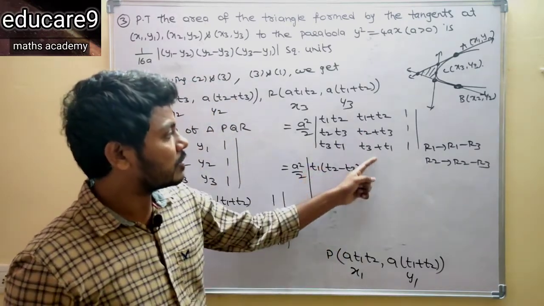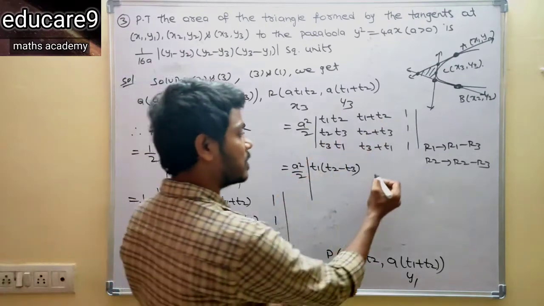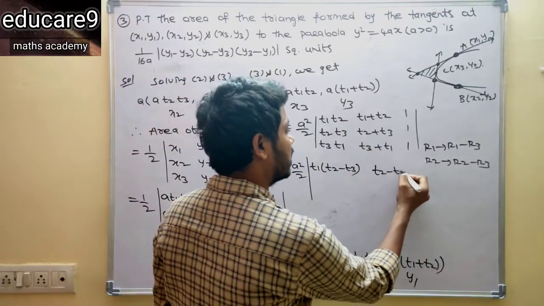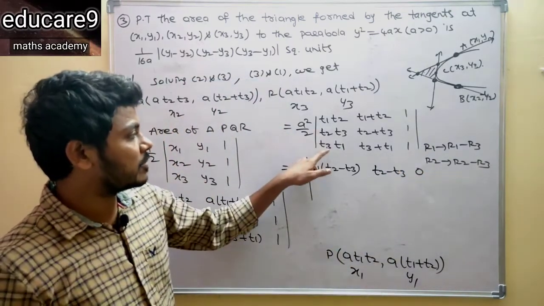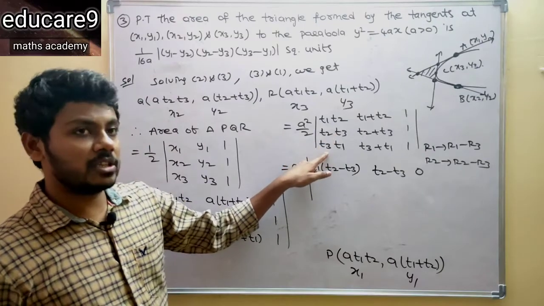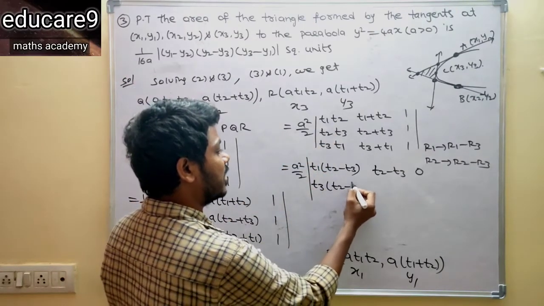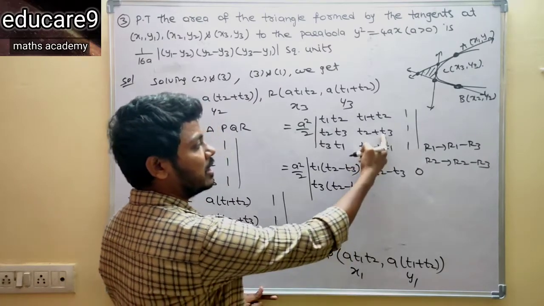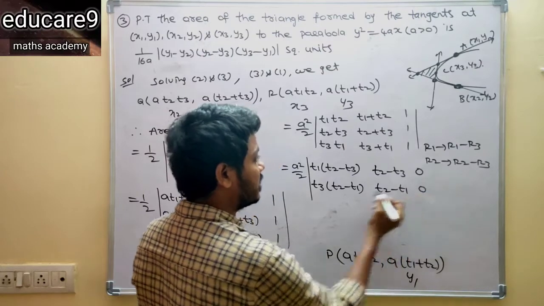Next, this one minus this one, so t1 gets cancelled, you will get t2 minus t3. I am writing directly, 1 minus 1 is 0. And R2 minus R3, this one minus this. In both terms t3 is common, you will get t2 minus t1. Here t3 gets cancelled, you will get t2 minus t1, 1 minus 1 is 0.